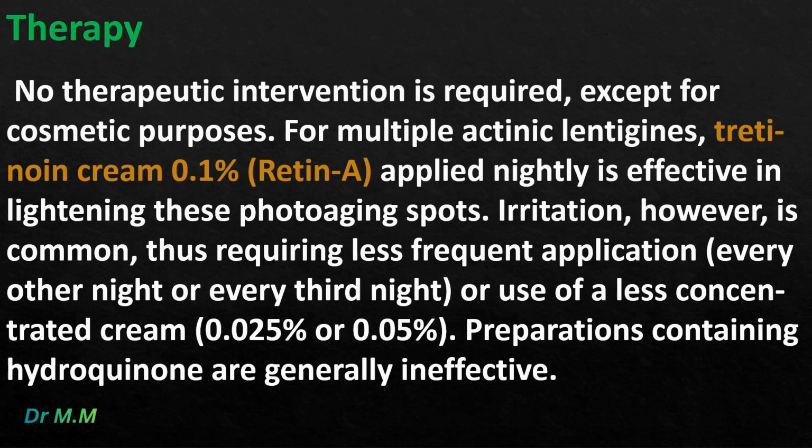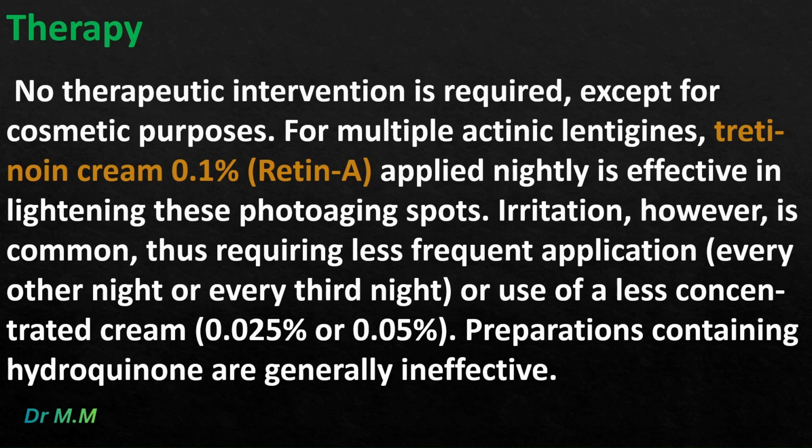For multiple actinic lentigines, tretinoin cream 0.1%, or Retin-A, applied nightly is effective in lightening these photoaging spots. Irritation, however, is common, thus requiring less frequent application, every other night or every third night, or use of less concentrated creams like 0.025% or 0.05%.